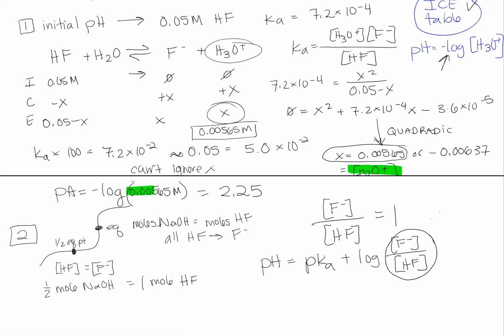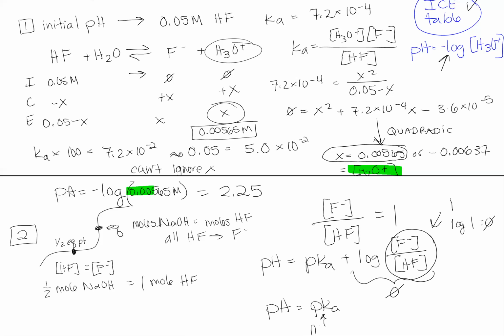This right here will be 1, and the log of 1 equals 0. So this entire term in the Henderson-Hasselbalch equation becomes 0. That means our pH will be equal to the pKa of hydrofluoric acid.